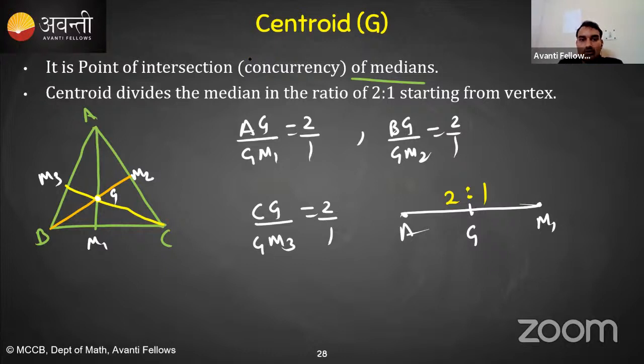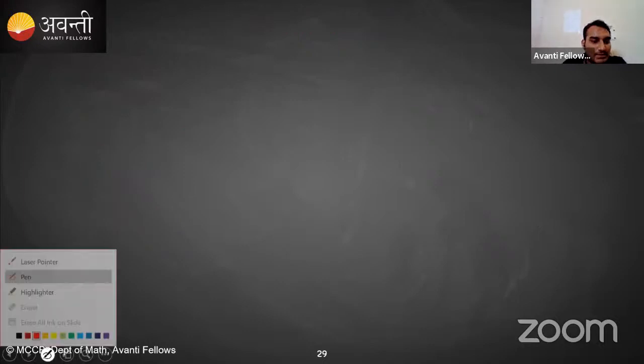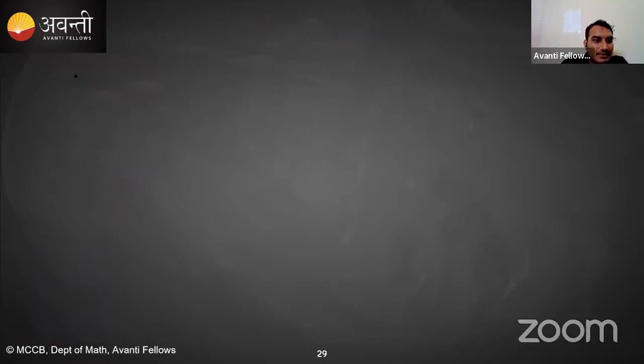Okay. Now this special point also has a coordinate. So now we will see what is the coordinate of G. If the coordinates of A, B, C, the vertices of the triangle, are given, then how do we find the coordinate of the centroid? This is quite simple to understand. Let's say this is triangle ABC.